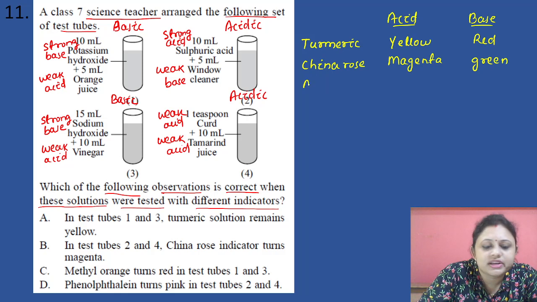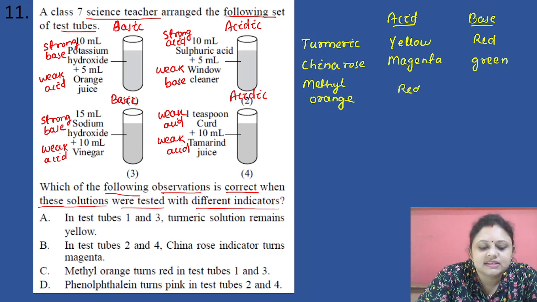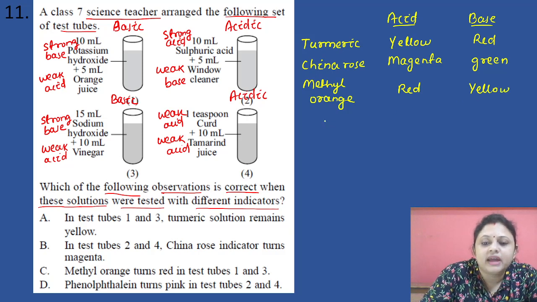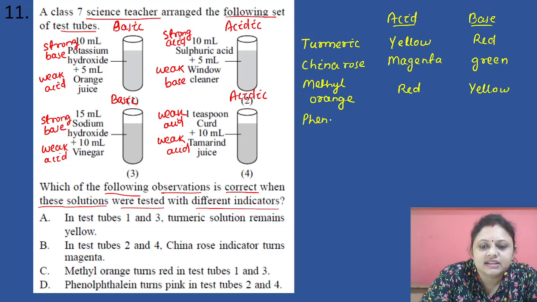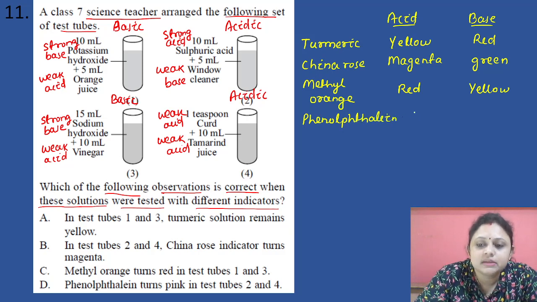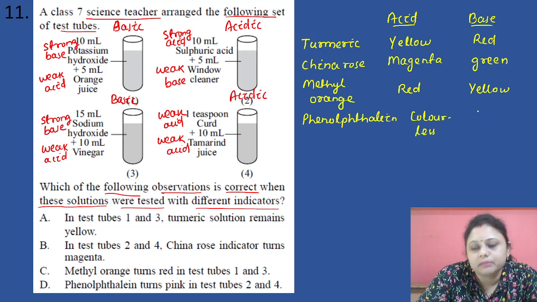Then the next one given is methyl orange. Okay, this methyl orange is red in acidic medium and yellow in basic medium. The last one given is phenolphthalein. Phenolphthalein in acidic medium is colorless, and in basic medium it is pink in color.